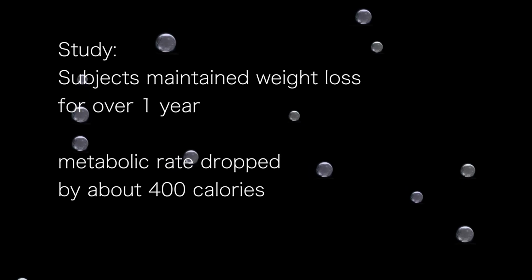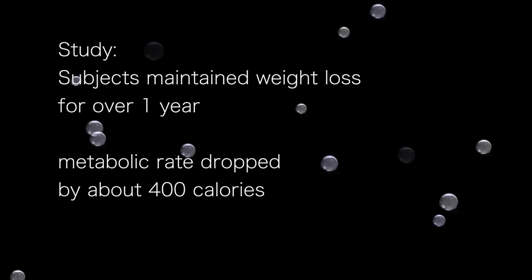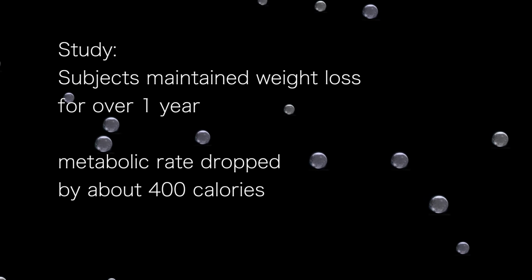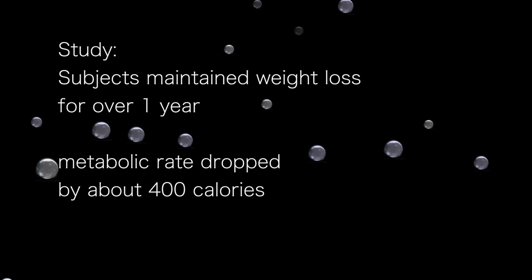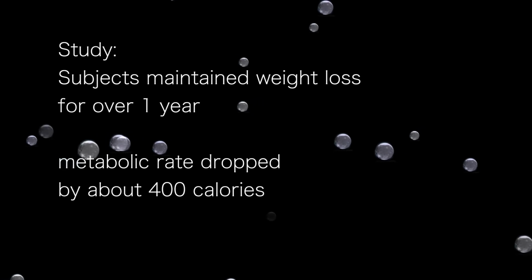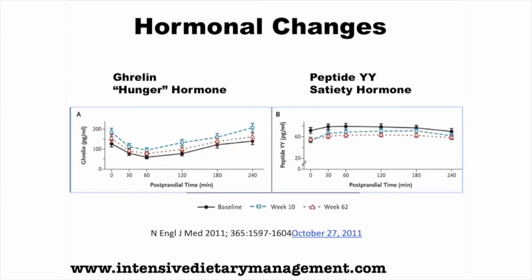A study found that subjects maintained weight loss for over 1 year, but their metabolic rate dropped by about 400 calories. The other hormonal change that we get when you start to reduce calories is that you change your satiety hormones and your hunger hormones.